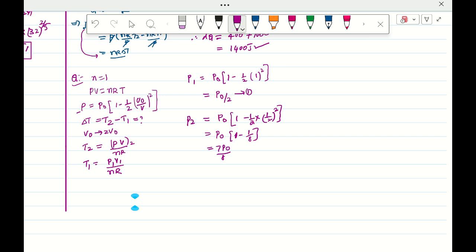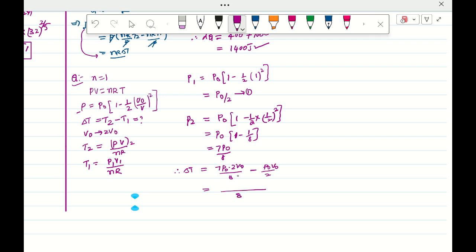Therefore ΔT is T2 minus T1, that is P2V2 minus P1V1: 7P naught into 2V naught by 8, minus P naught by 2 into V naught.